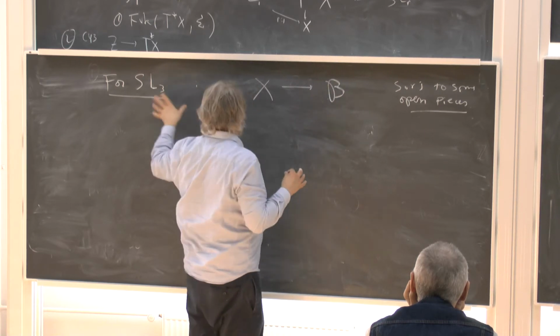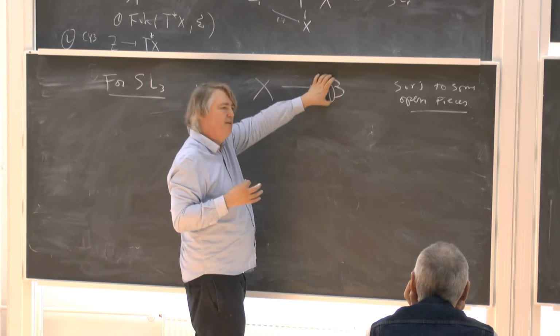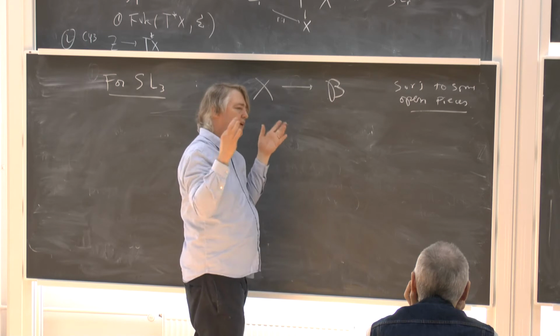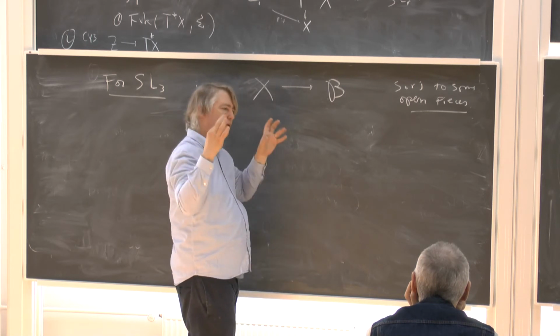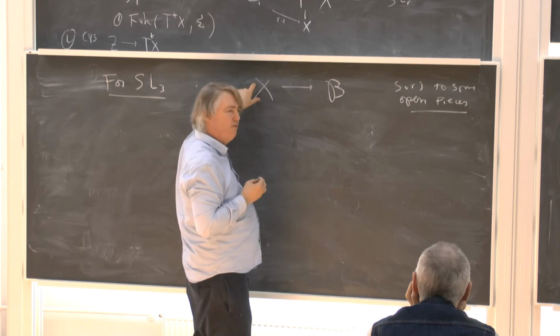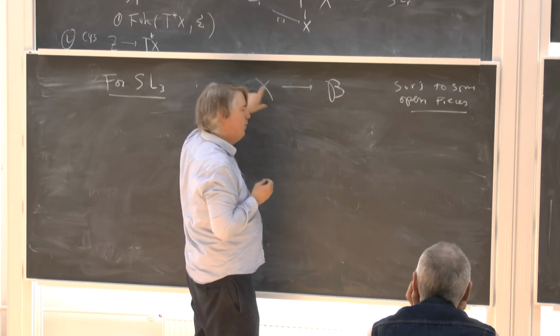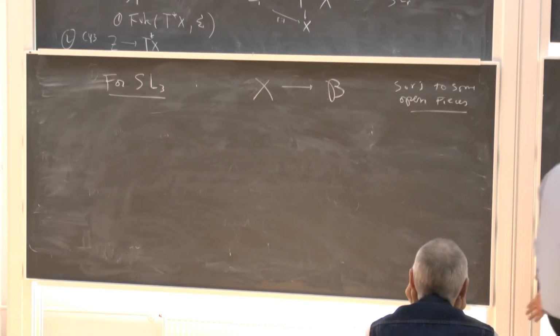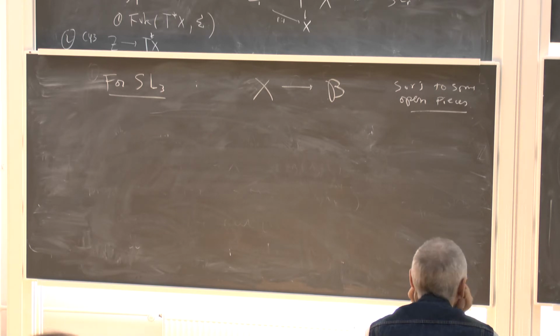In the case SL4, SL5, and so on, the building has a bigger dimension than the Riemann surface, and there we don't have any easy way of touching all the points of the building. So in the SL3 case, at least we can touch points of the building from the points of X. There are going to be big parts of the building that we can't touch, because the building is this big infinite thing.